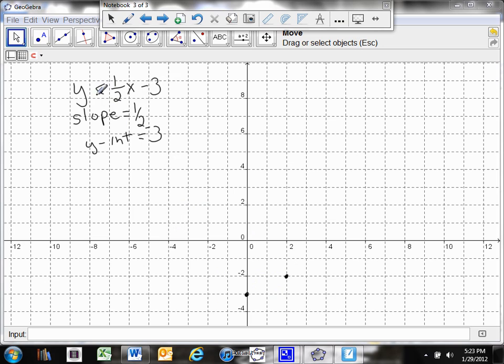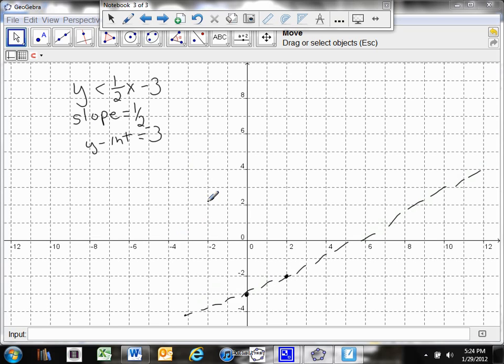Now, I don't have an equality in the equation, so when I graph my line, instead of doing a solid line, I'm going to do a dotted line. I'm going to make sure I go through those 2 points. And again, you do this with your ruler and it's going to look a lot better than what I just did. You'll do a better job.